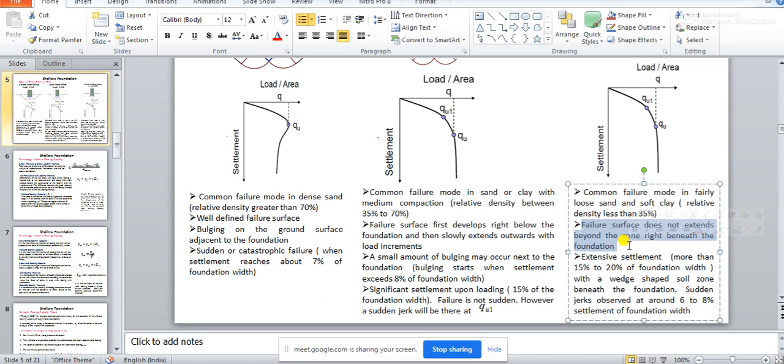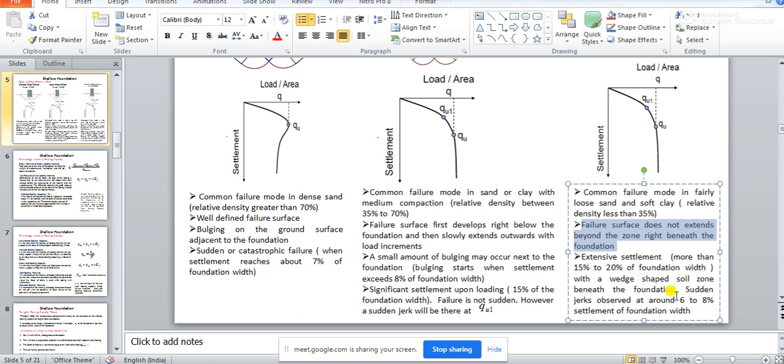And you see, there will be extensive settlement. In case of local shear failure, the settlement starts happening in a prominent way beyond 15% of the foundation width, whereas in case of punching shear failure, you will observe settlement of more than 15 to 20% of the foundation width, with a wedge shaped soil zone beneath the foundation.